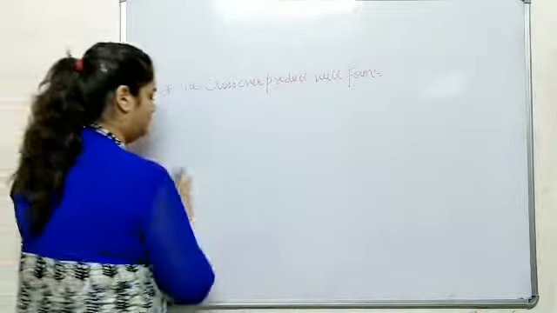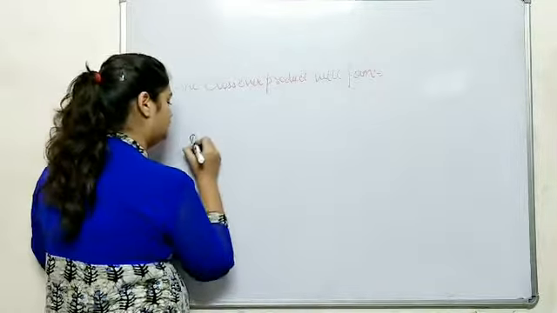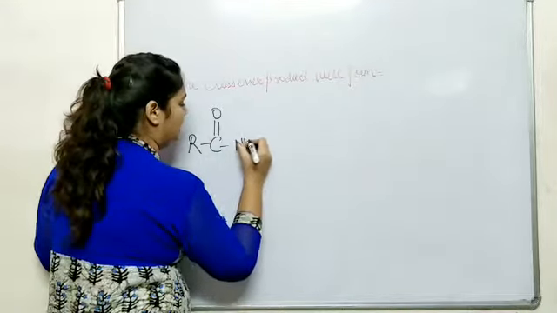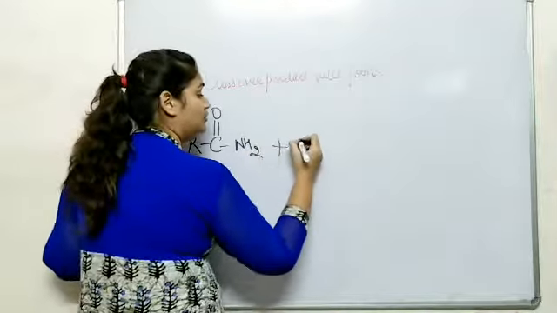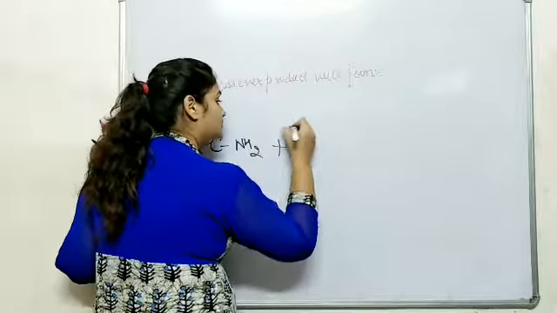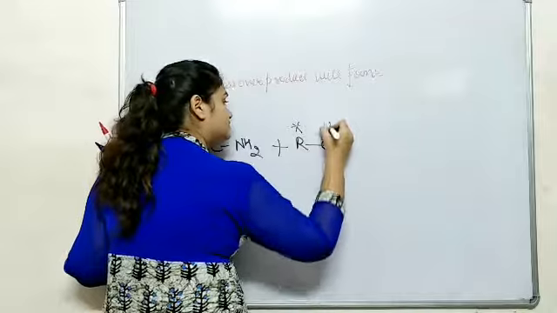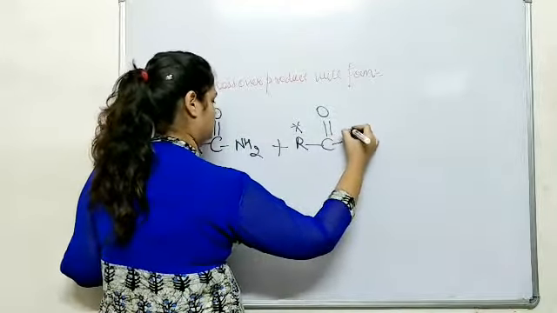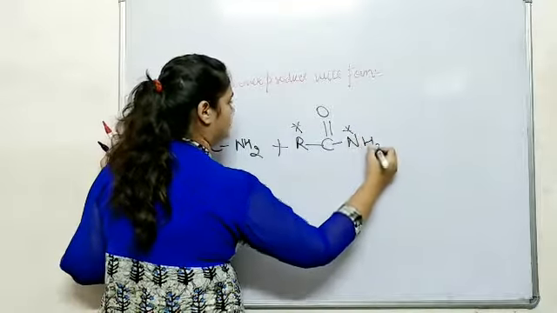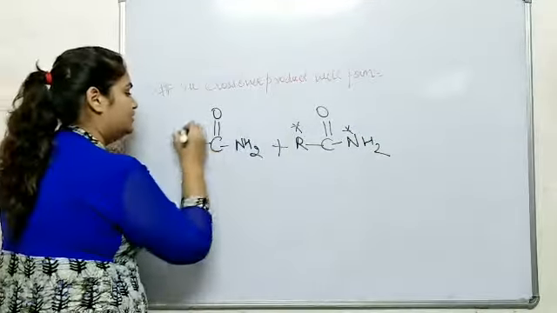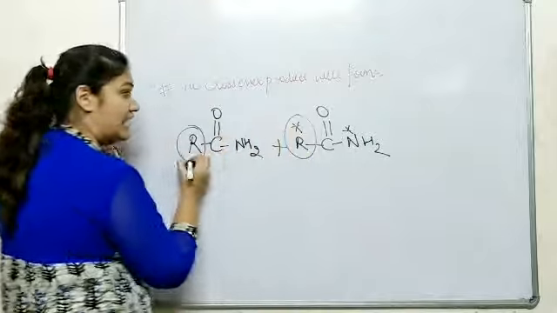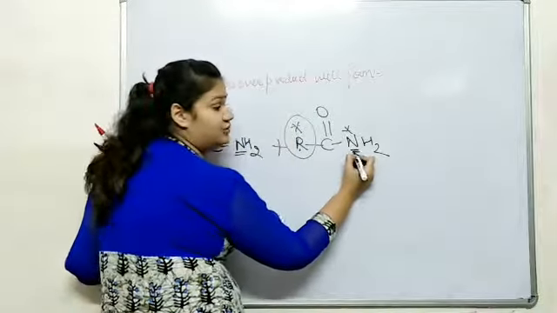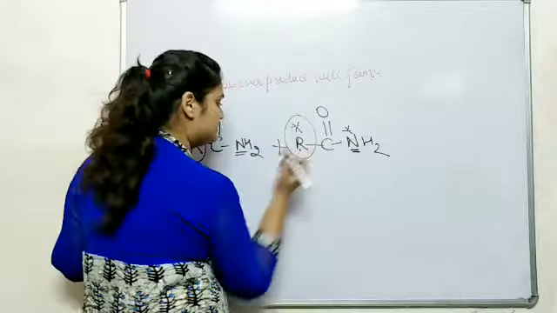For example, if we take R C double bond O NH2 and another molecule of this which is an isotope of this, where we have two alkyl groups. Here is R and this is R star, and this is nitrogen, and this is another isotope of the nitrogen that is represented by N star.